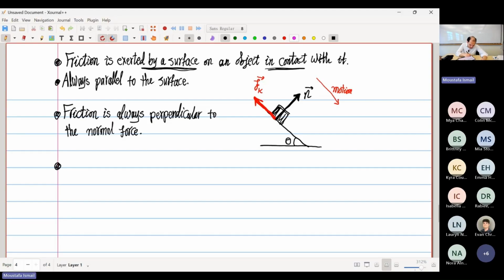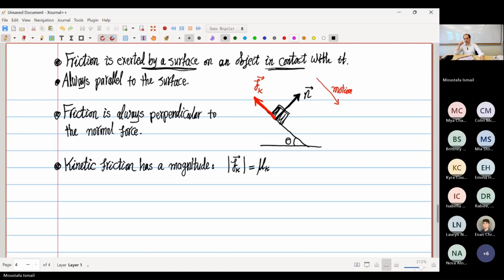Kinetic friction always has a magnitude formula. F sub k, the magnitude, is equal to mu sub k, this mu is the Greek letter, sub k is just to denote the kinetic part, times the magnitude of the normal force.